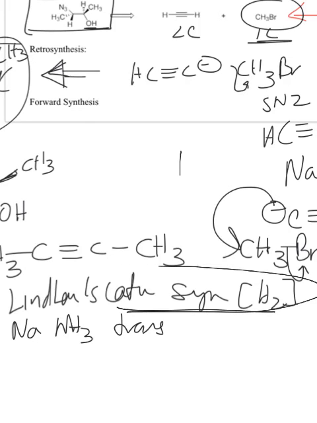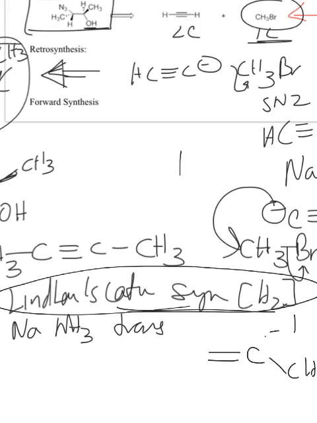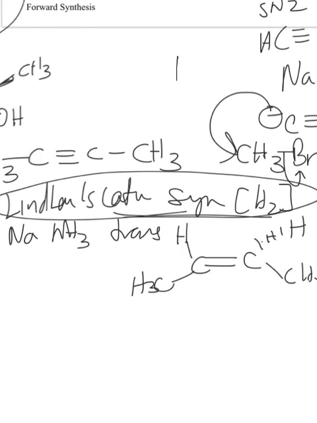So Lindlar's catalyst, and you could write just that, is going to reduce that down to, put your hydrogens on the same side, and it's going to reduce that down to the alkene. And then the alkene through, let's do MCPBA, meta-chloroperbenzoic acid.